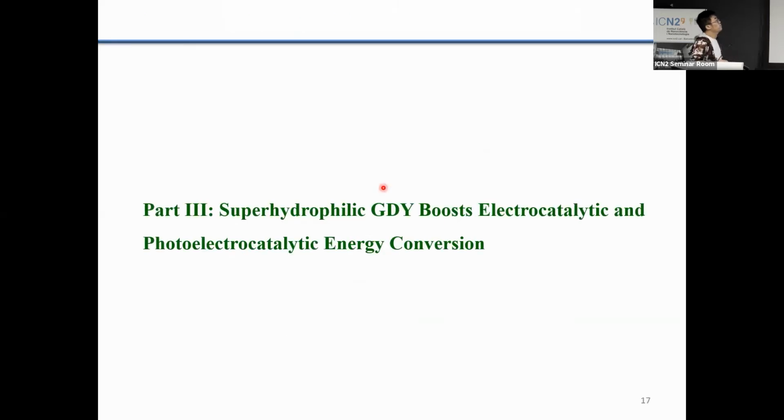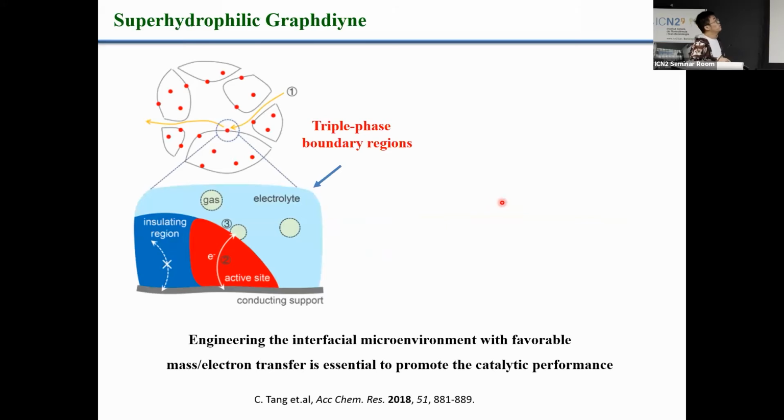And my third part is superhydrophilic graphene for both electrocatalytic and photoelectrocatalytic energy conversion. We know that a gas-involved reaction only occurs at the triple phase boundary regions: the gas, the solid electrode, and the electrolyte.